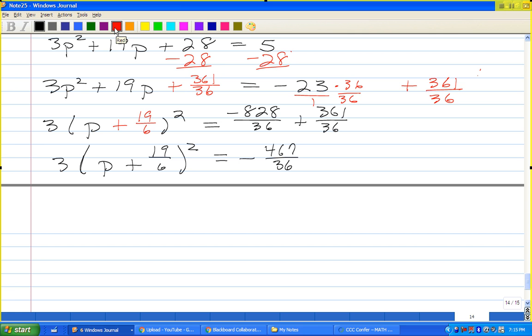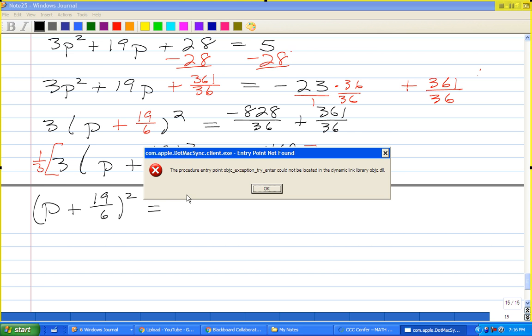Let me divide by 3. And so I have p plus 19 over 6 squared equals negative.